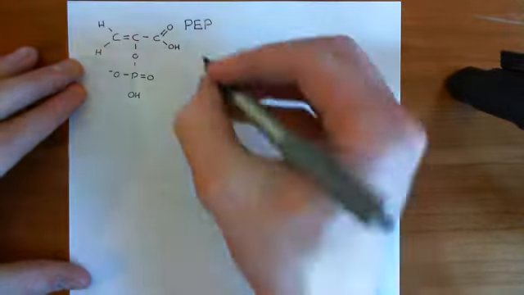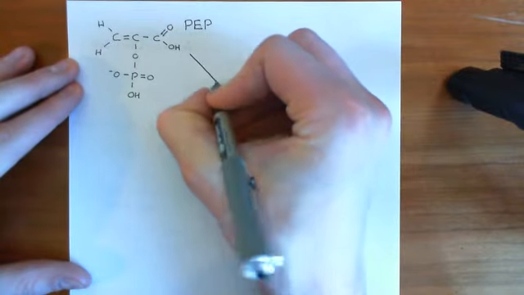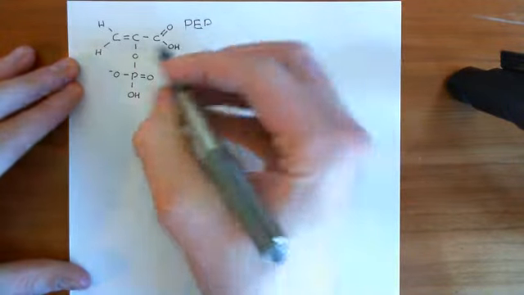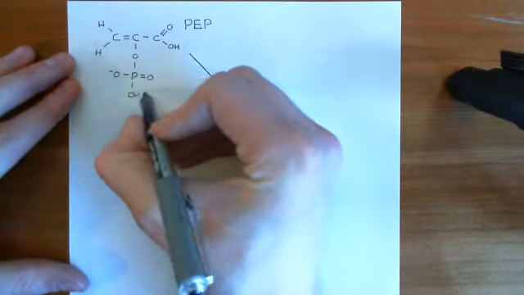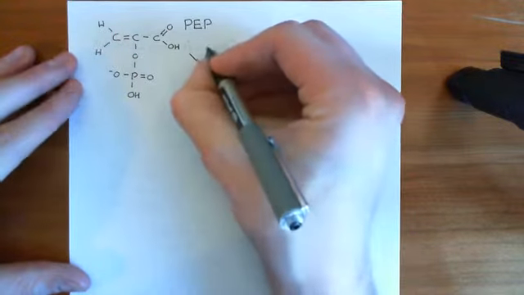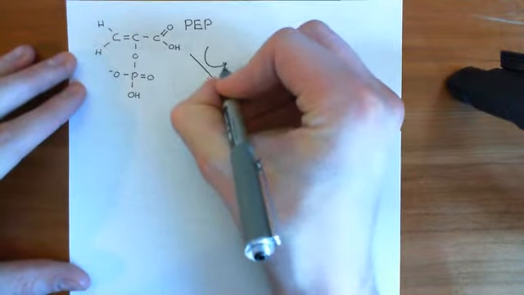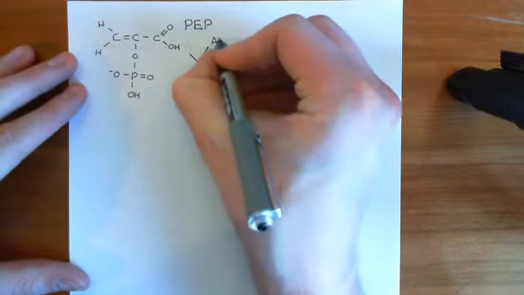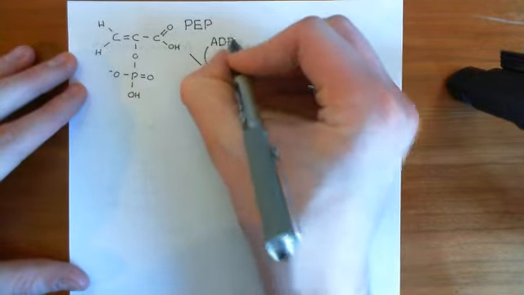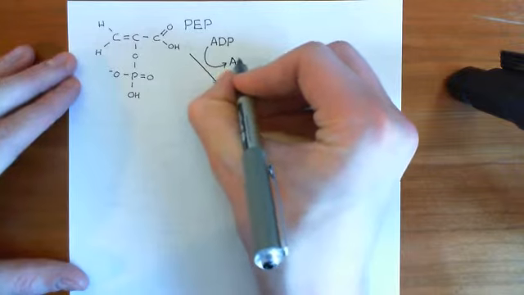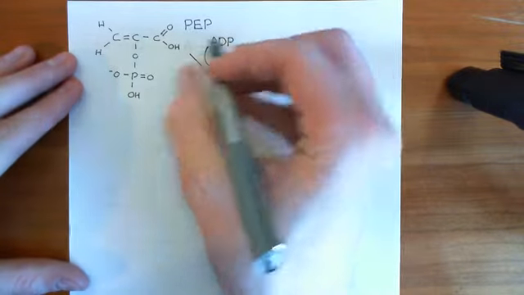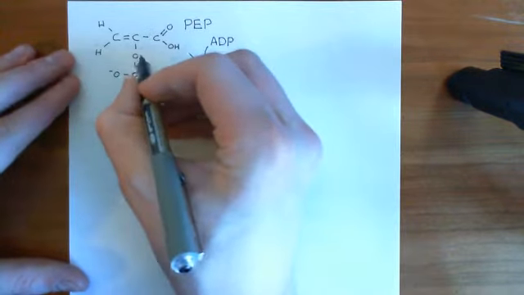Now what's going to happen is an irreversible reaction which is going to involve the removal of this phosphate group here, and we're going to give it to an ADP molecule to produce ATP. Usually when you remove a phosphate group and put it onto ADP, what you would replace it with is an alcohol group.